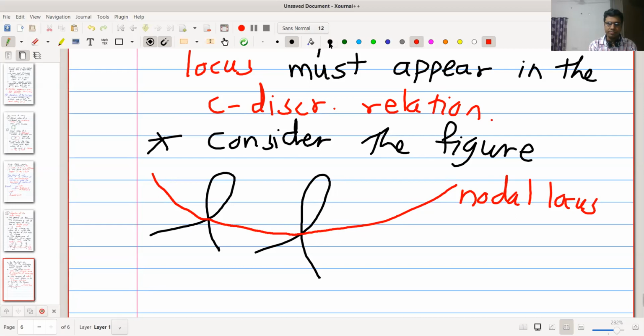So this is curve L, which is nodal locus, and these are say gamma 1, gamma 2, etc. So why the values of P are different?